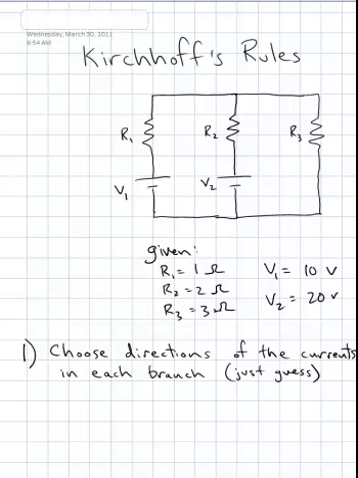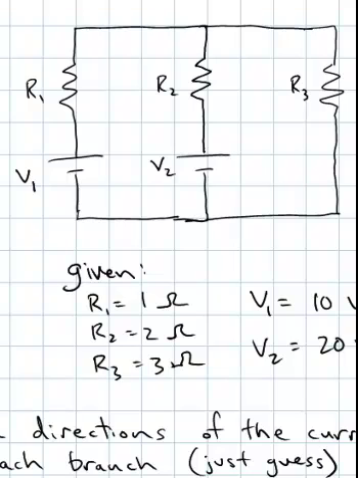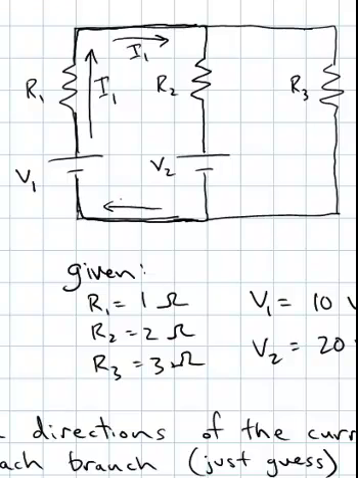So for the first branch, which runs from the first battery, V1, through the first resistor and back up to that other junction, I'm going to call that current I1, and I'm going to say it's going up through resistor R1, which means it's going to the right on the top, and to the left at the bottom.